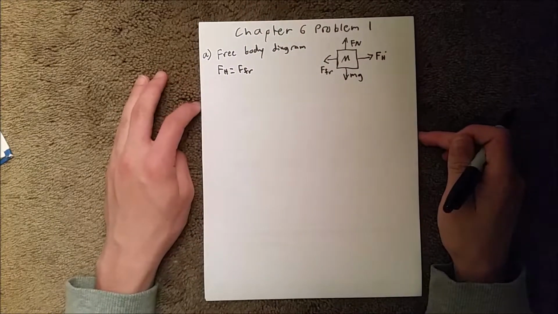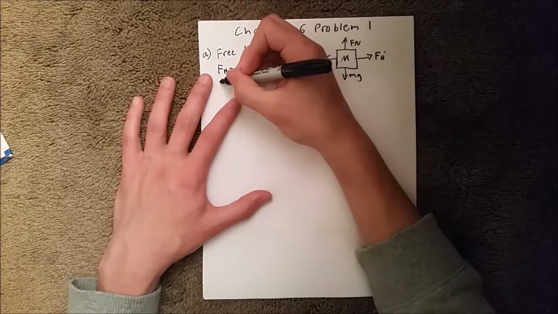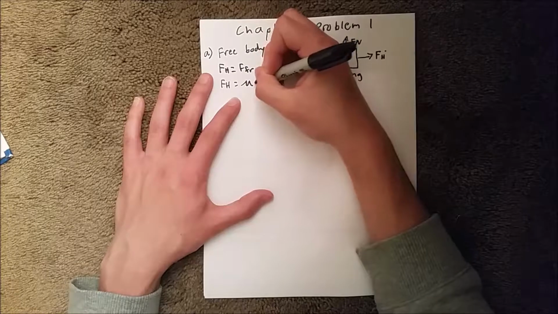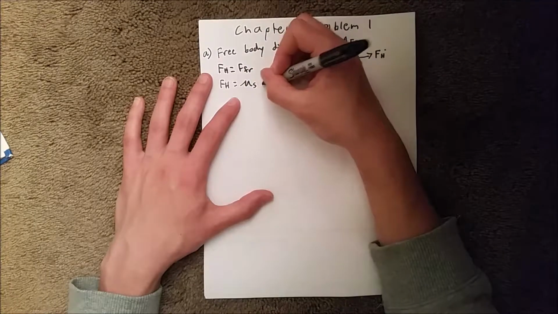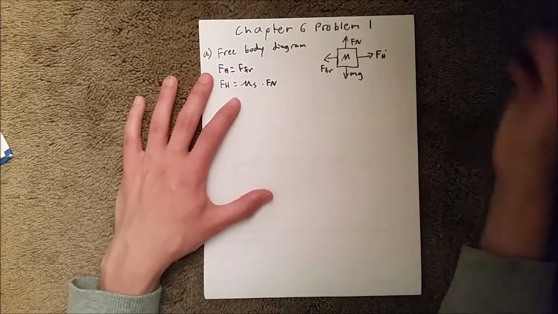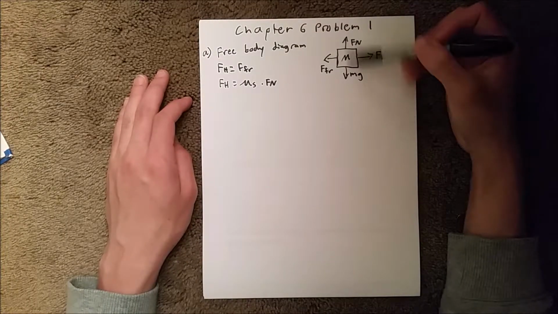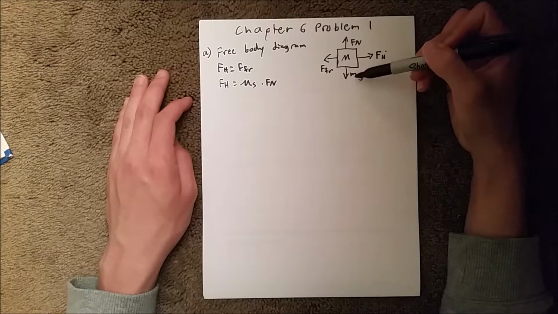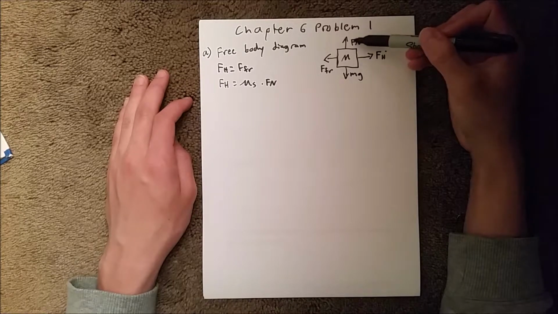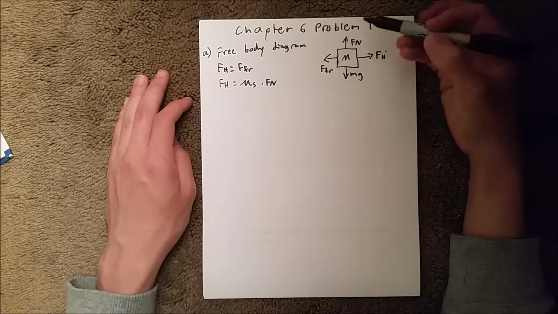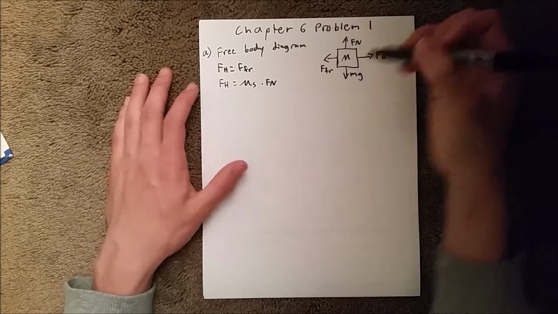And force of friction, we can expand that and make that your coefficient of static friction times your normal force. And since we only have two forces in the vertical direction, force normal and mg, and since this block is against the floor, it's not floating or anything, your force normal is going to be equal to mg.